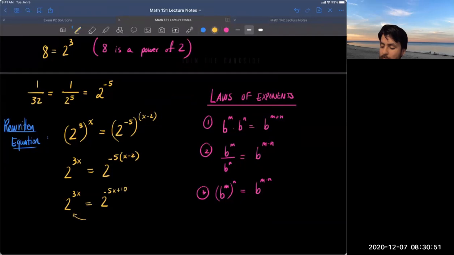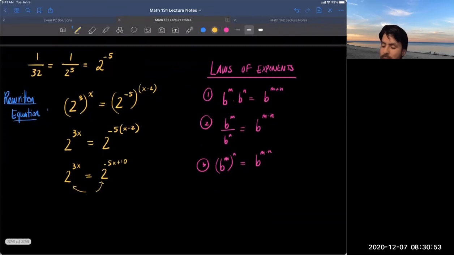The 2 is the same base. So it means that the exponents must be the same. It's the same base, and then I have the same exponents. And the exponent equation is 3x equals negative 5x plus 10.